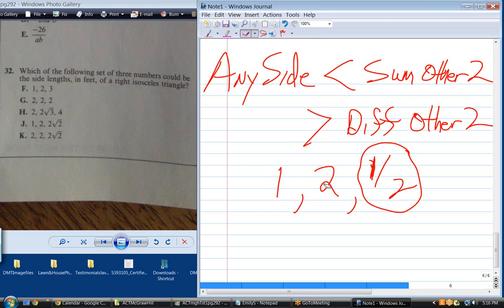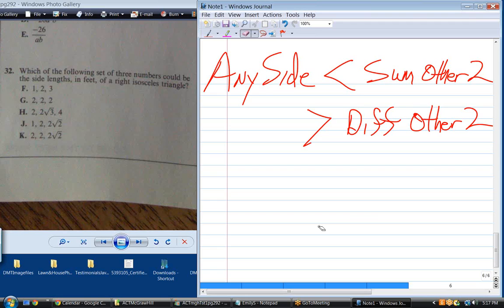This is kind of an unusual rule that a lot of people, even immediately coming out of geometry, wouldn't necessarily know. They don't tend to teach this in geometry that much, but they do expect you to know it for the ACT exam.